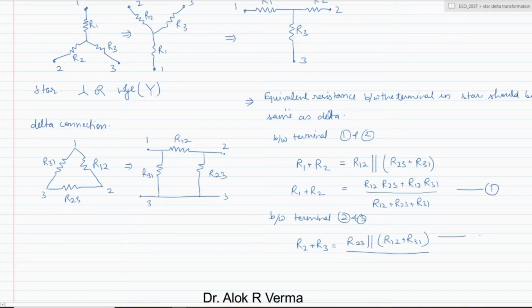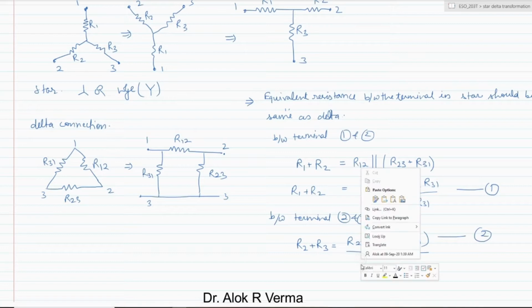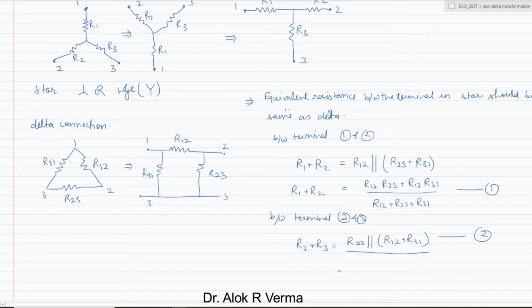So this equation can be taken as 2. If you solve this combination, you'll get R12 R23 plus R23 R31, divided by R12 plus R23 plus R31.